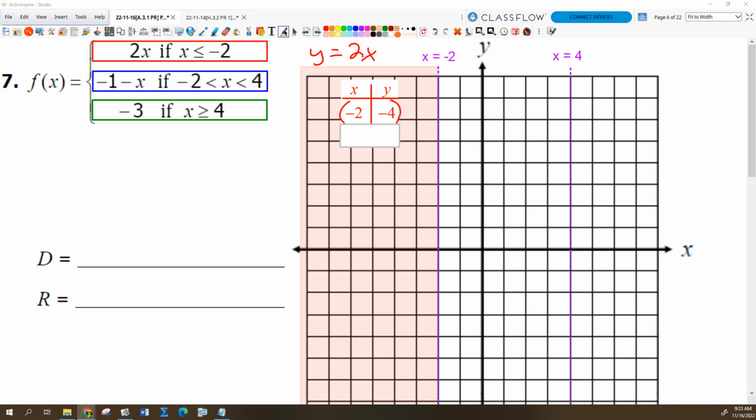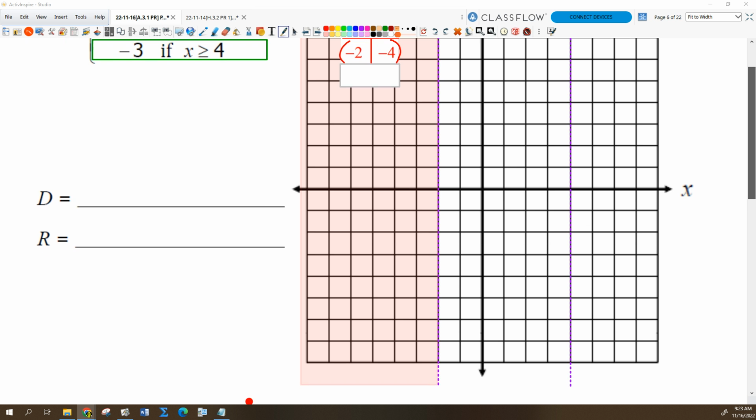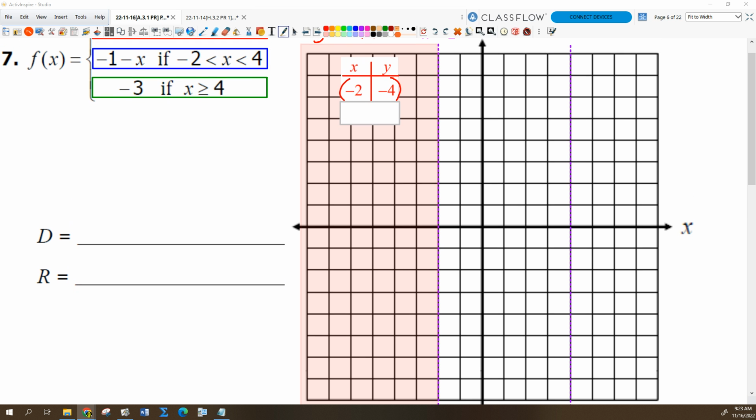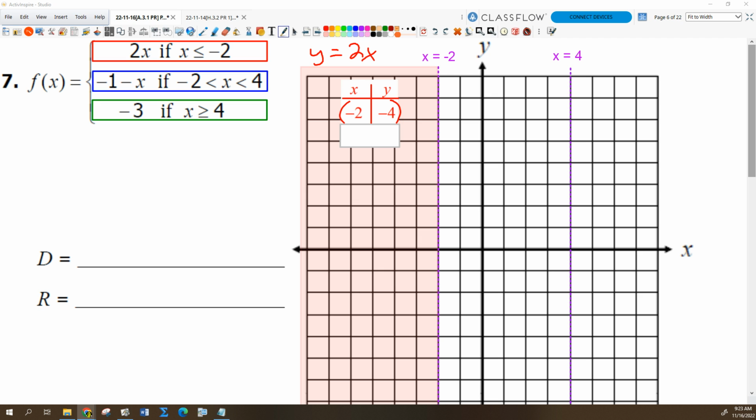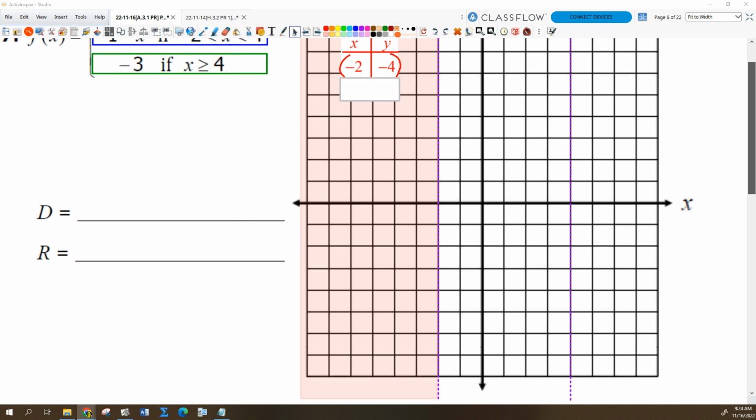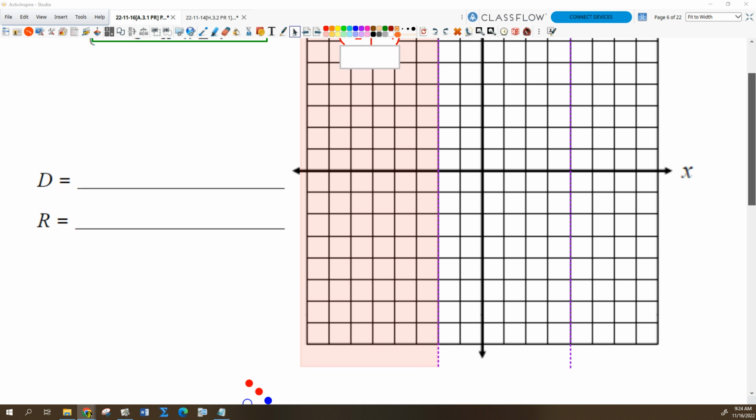So we get one point, and is this going to be a solid point or an open point? Does the red domain include negative 2 or not? It does, because we have this equal sign right there. So we're going to have a solid point at the location negative 2, negative 4.